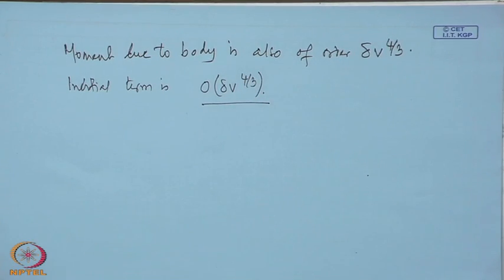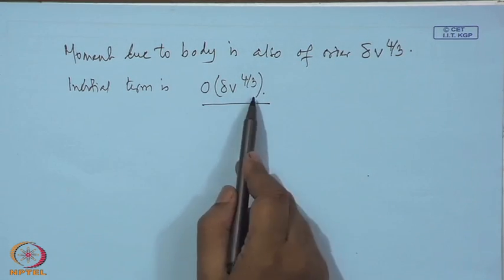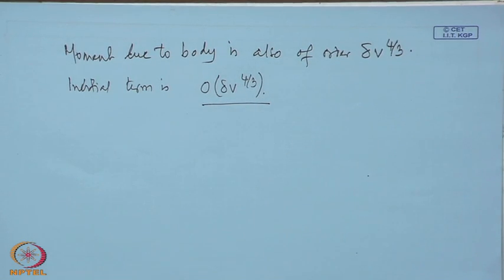This is the mathematical notation by which order of is written. This means order of delta v to the power 4 by 3.